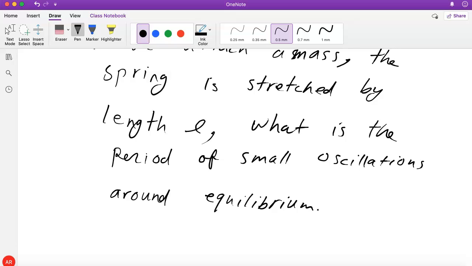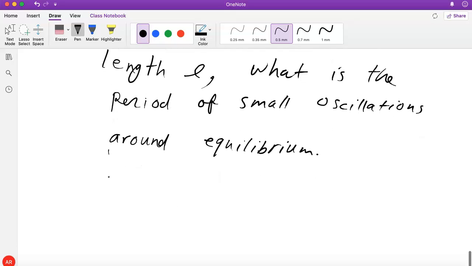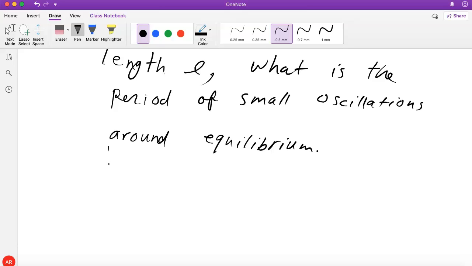So if you let it come down to L and then you stretch it a bit more, for example, from that new equilibrium position and let it go, what is the period of oscillations around this? Okay, so it seems like maybe L is not enough, but let's see.